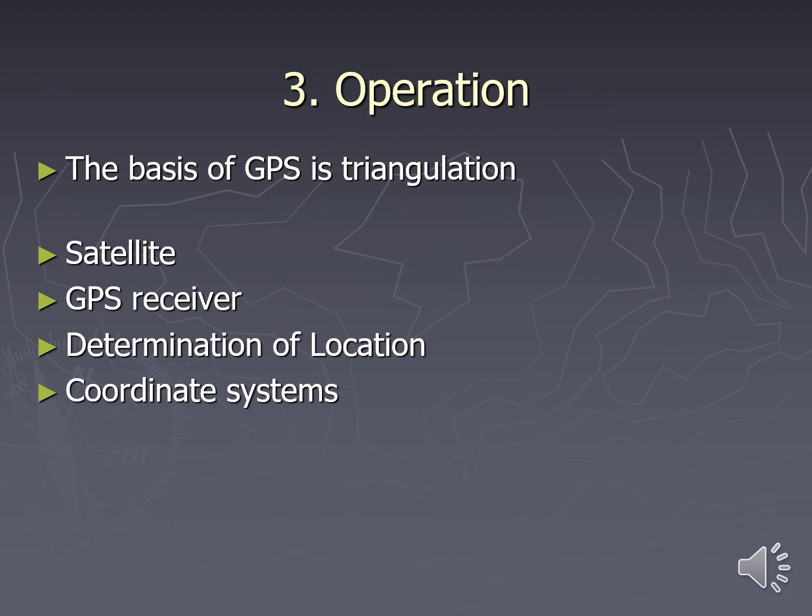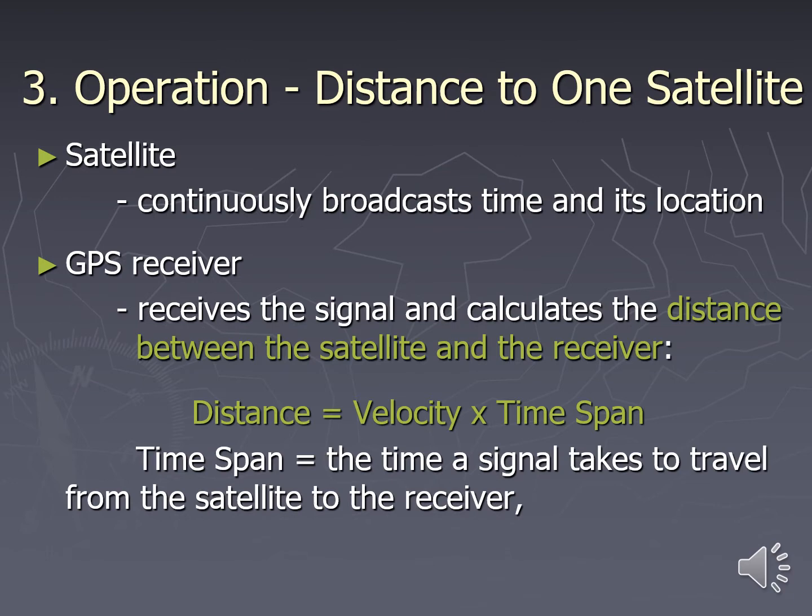So there's a coordinate system to convert the location of both the satellite and the GPS receiver, but it also needs to be a coordinate system that's understandable to the human eye, so you have some understanding of where you are. Satellites, like I said before, continuously broadcast their time and location at all times, down to, I think, 1/10 of a second.